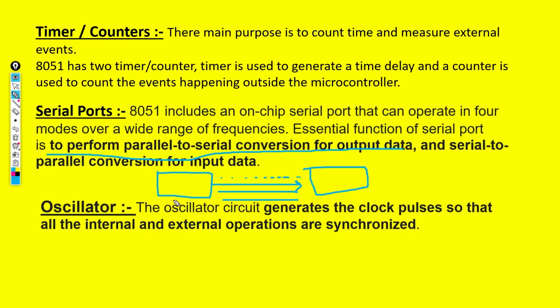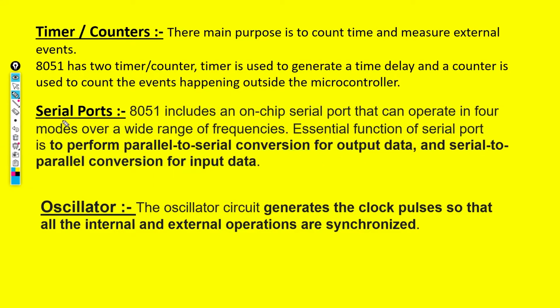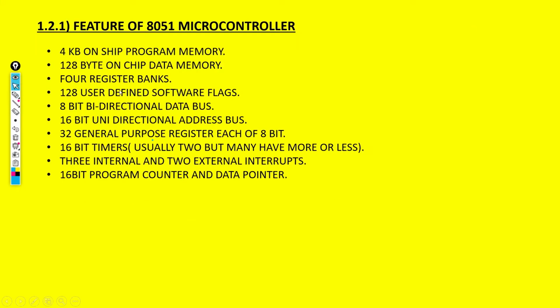So the serial port performs parallel to serial conversion, and serial to parallel conversion for input data. We will learn about serial ports more briefly in our upcoming videos. For now this is enough. Now you have learned about timers and counters, serial ports and oscillators. Let's learn some basic applications and features of the 8051 microcontroller.